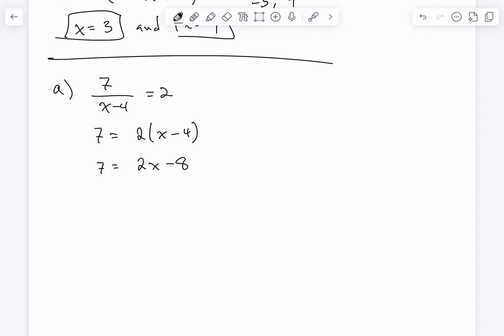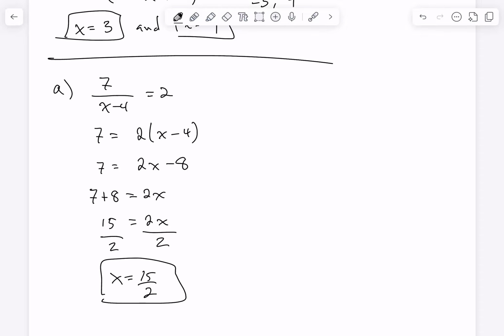You'd bring the 8 over, you'd have 7 plus 8 is going to equal 2x, you'd have 15 is going to equal 2x, and look at that, we get the same answer. So x is 15 over 2, and you know what? No common denominators needed. So that's kind of nice.